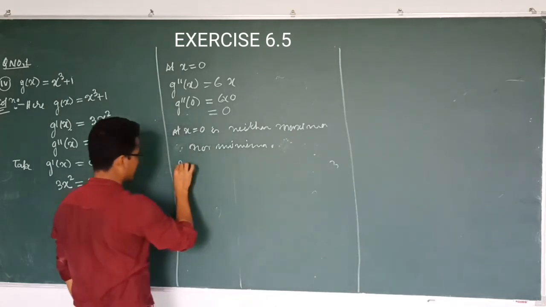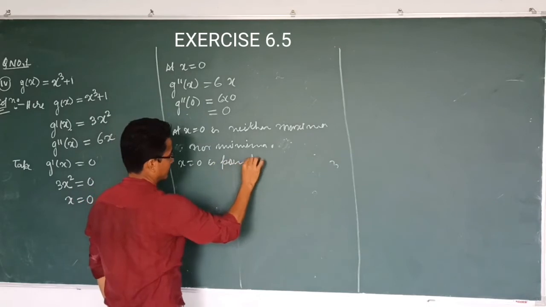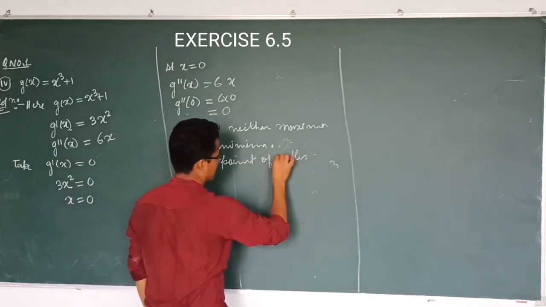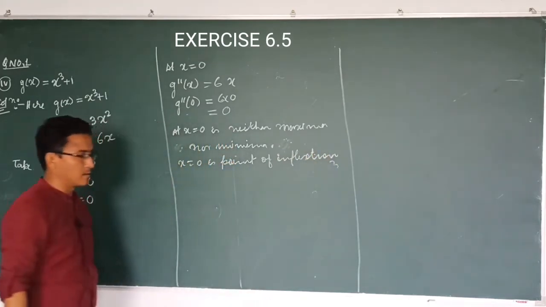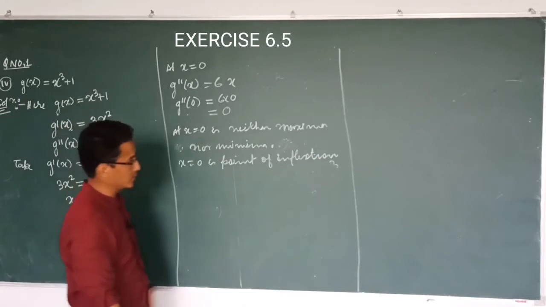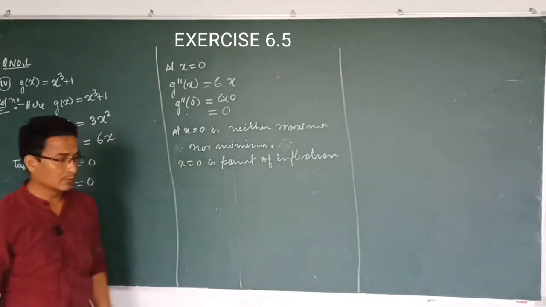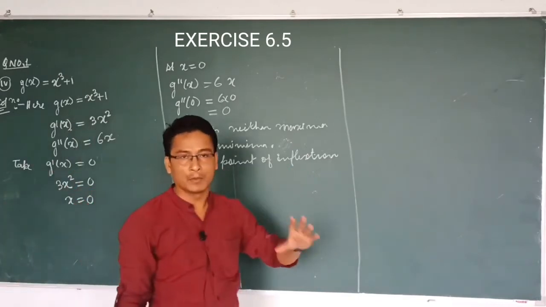Therefore x equal to 0 is a point of inflection. Sometimes it is also written differently; inflection I generally write like this. So x equal to 0 we consider as the point of inflection.